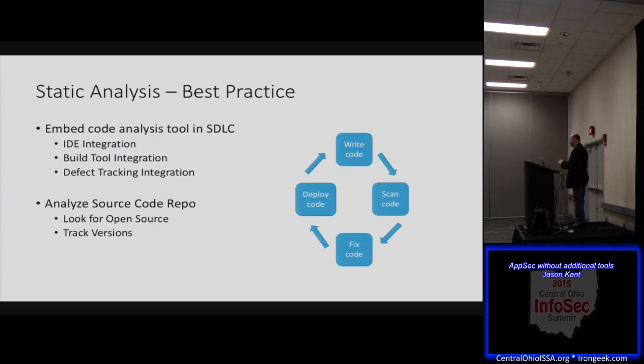But what we typically do is have a developer write code and either check that code into the main branch, and then a build server will build and scan, or we can just have them scan it themselves right out of their IDE environment, find the problems, fix them right there, and then get the code to deploy.